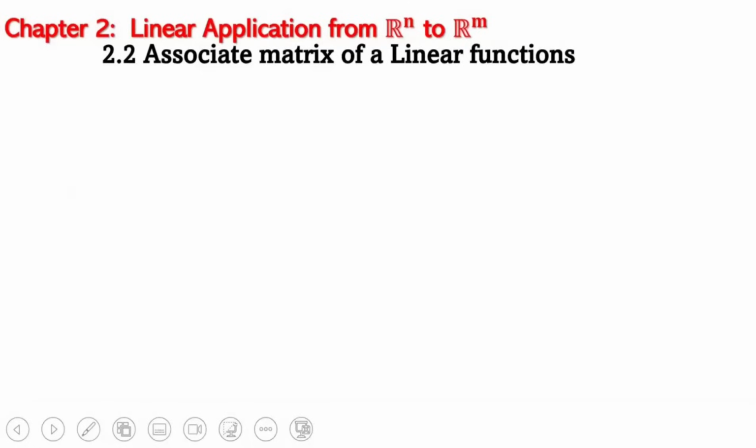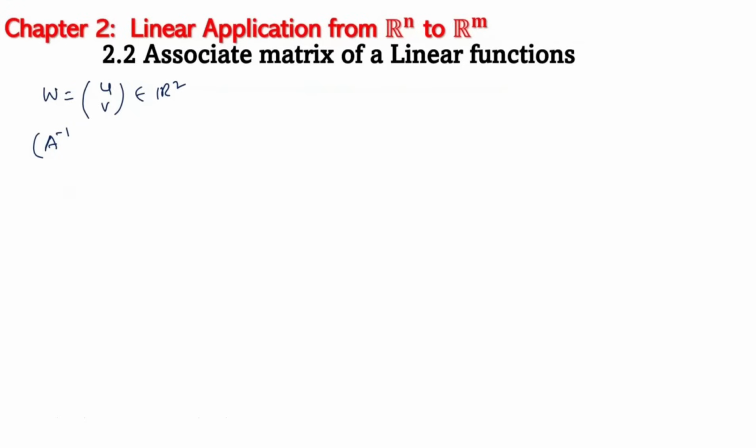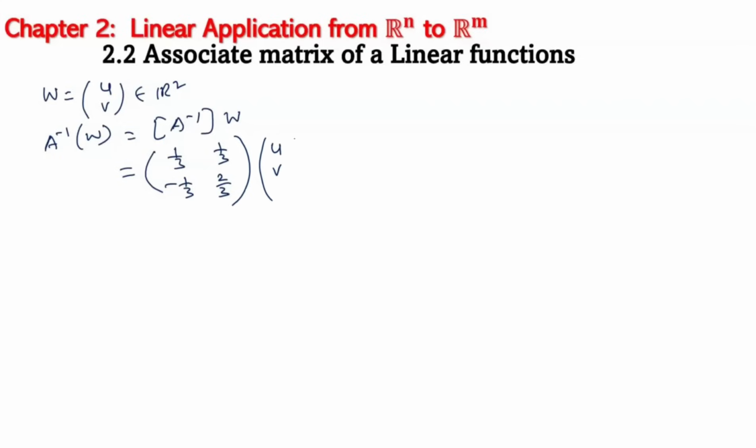Okay, so if we take W equal to (u, v), which belongs to R2, then the matrix form of A inverse W is equal to the matrix of A inverse times W. So you already know the matrix of A inverse, which is 1 over 3, minus 1 over 3, 2 over 3, and W is (u, v).